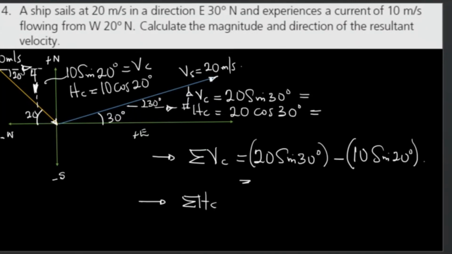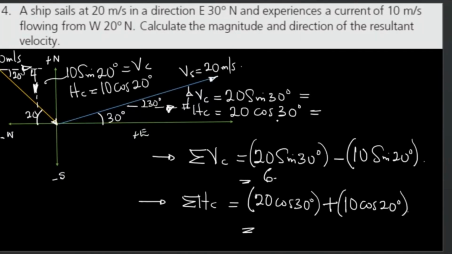The horizontal component, the arrow is facing towards that direction, so it's going to be 20 cos 30 degrees. Then the other one is also facing towards the positive direction, which is the eastern direction, so it's going to be plus 10 cos 20.